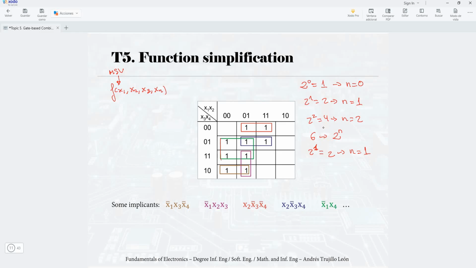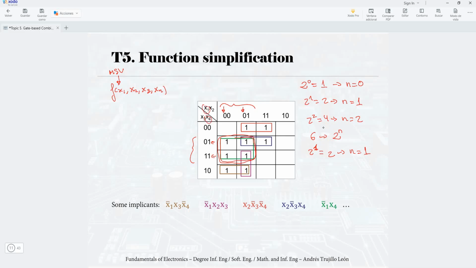For example, we consider this allowed group of 1s, and we look at the value of the variables. So the variables implied are here. In the columns, the variable that remains constant is x1 because x2 is changing along the group. In the rows, the variable that remains constant is x4.